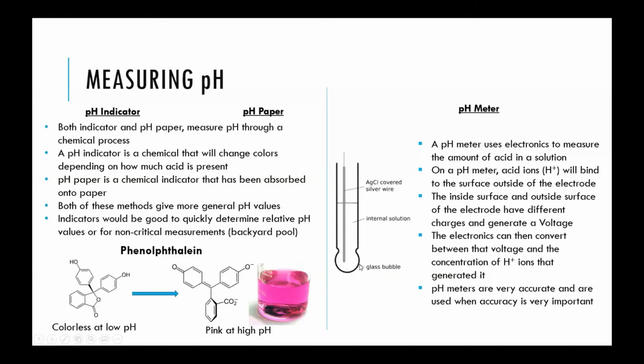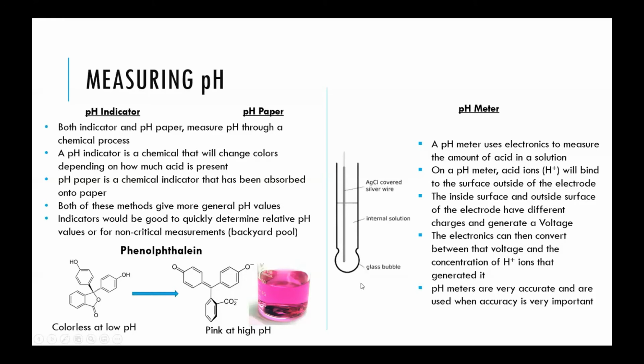The difference between these charges will cause an electrical voltage that can be measured, and therefore the electronics in a pH meter can convert that electrical impulse into the pH of the solution, based on the concentration of H+ ions that are sticking to that surface.